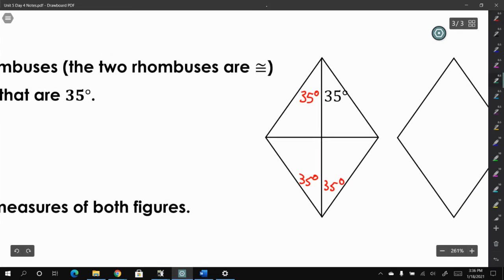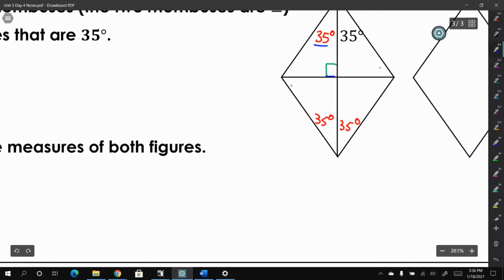Well, we can find these smaller angles here by realizing that the diagonals make a 90-degree angle. So we have one angle that's 35, one angle that's 90. So we can do 35 plus x plus 90 equals 180.